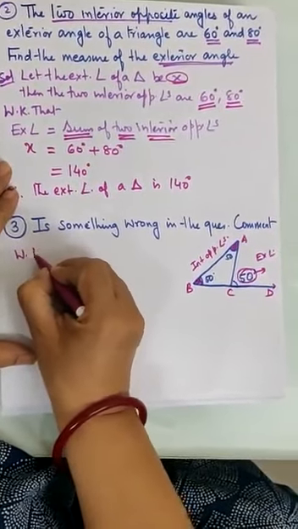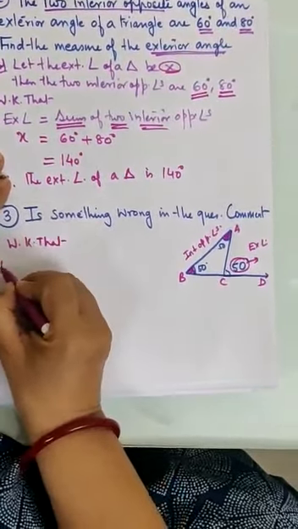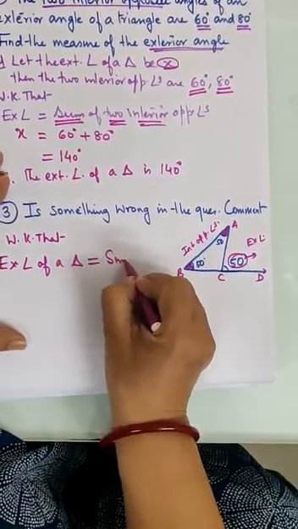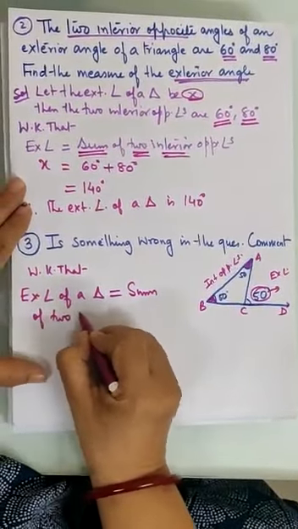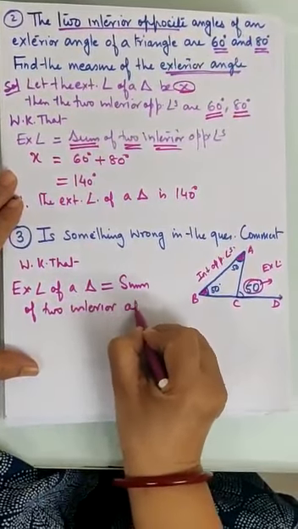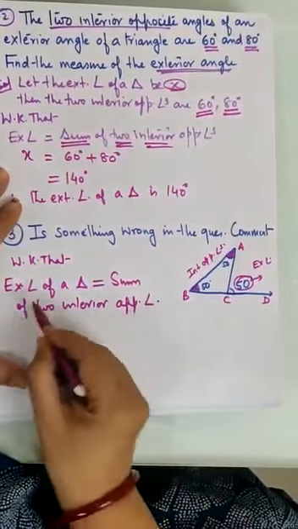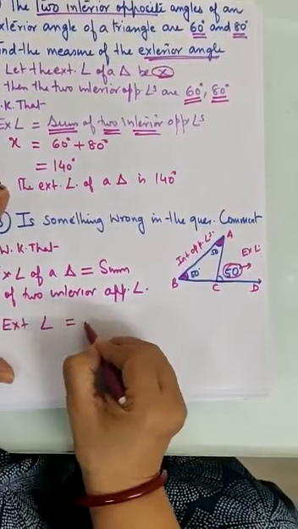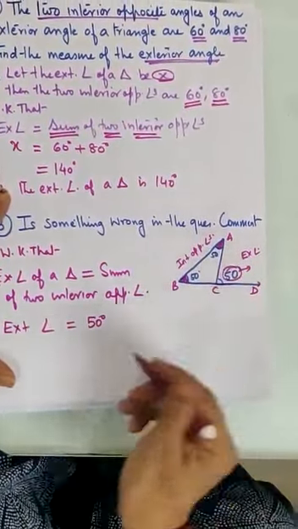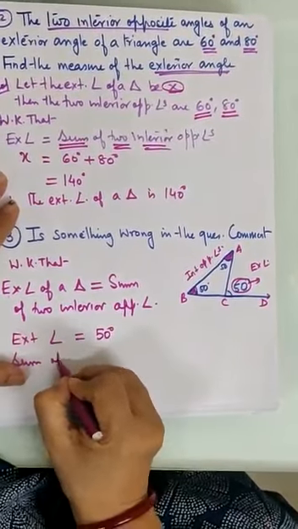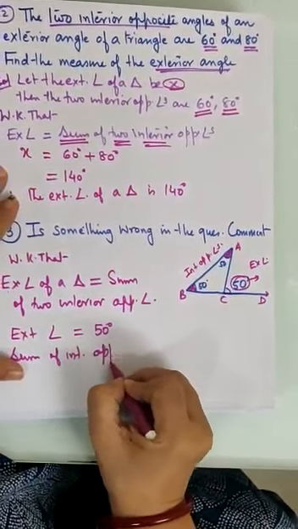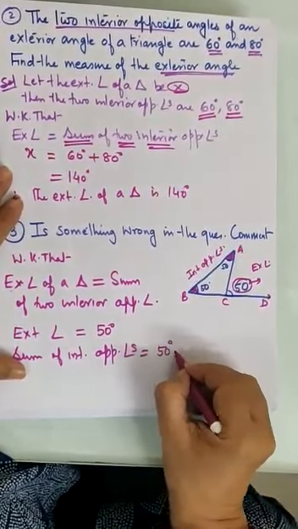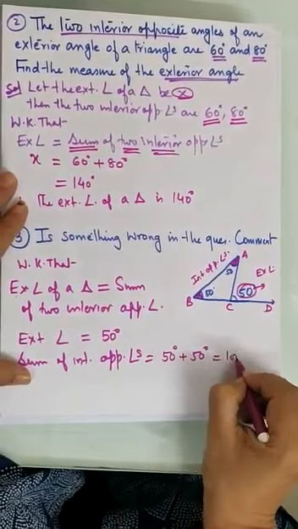We know that the exterior angle of a triangle is equal to the sum of two interior opposite angles. Here the exterior angle is 50 degrees and the sum of the interior opposite angles is this plus this, that is 50 degrees plus 50 degrees, that is 100 degrees.